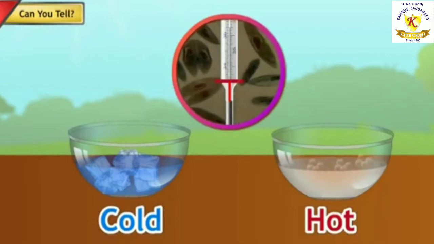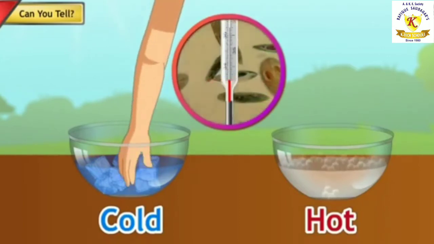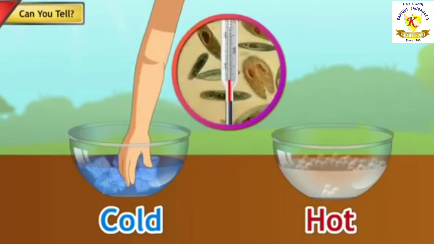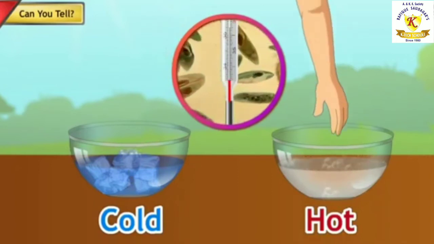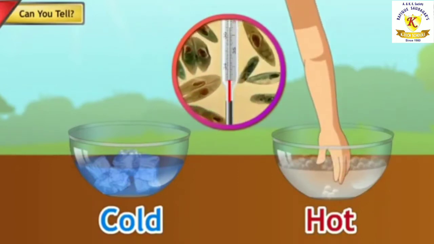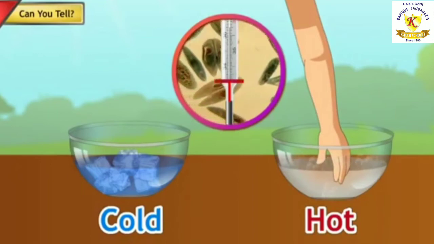If the temperature of the object is lower than our body temperature, for example ice, we feel the object is cold. If the temperature of the object is higher than our body temperature, for example hot water, we feel the object is hot.